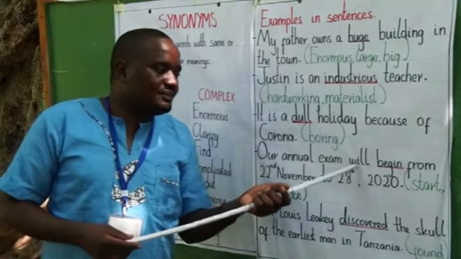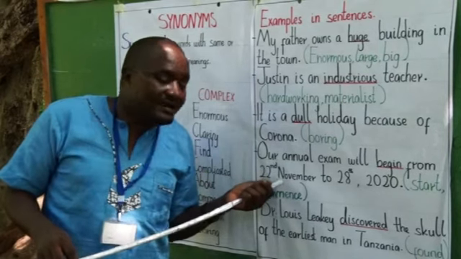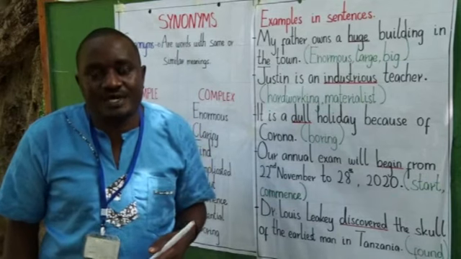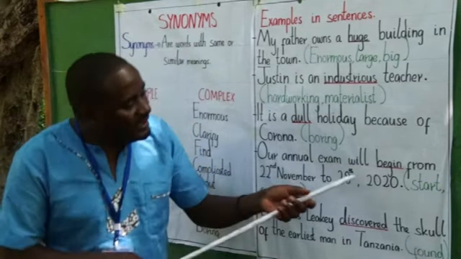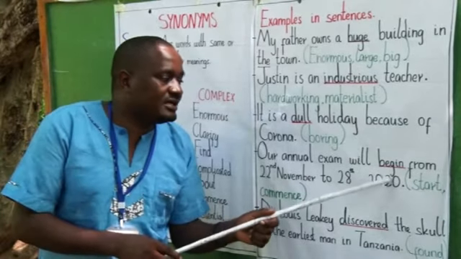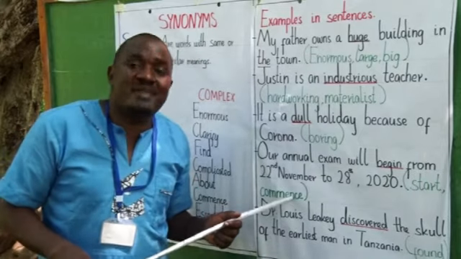Our annual exam will begin from 22nd to 28th of November 2020. Here the word begin means to start. We can say our annual exam will start. Our annual exam will commence.